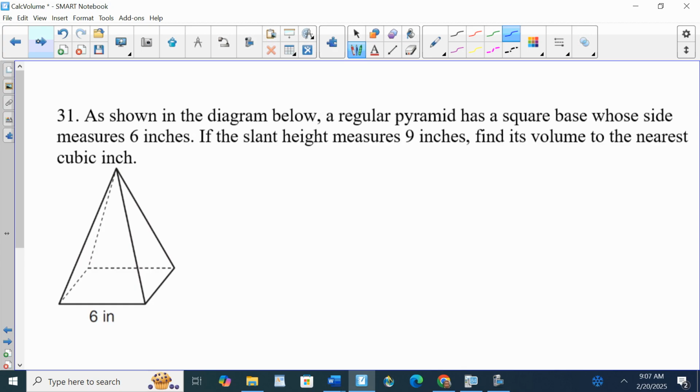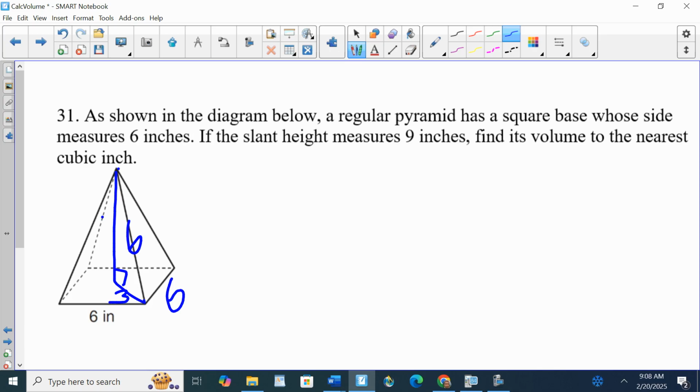And then I did the same thing with a pyramid. For whatever reason, I don't see it as clearly with the pyramid, but if they give you the slant height, you're going to have to do Pythagorean theorem. So if the slant height is 6, basically this is your right triangle. If this is 6, this is half of 6, which is 3.